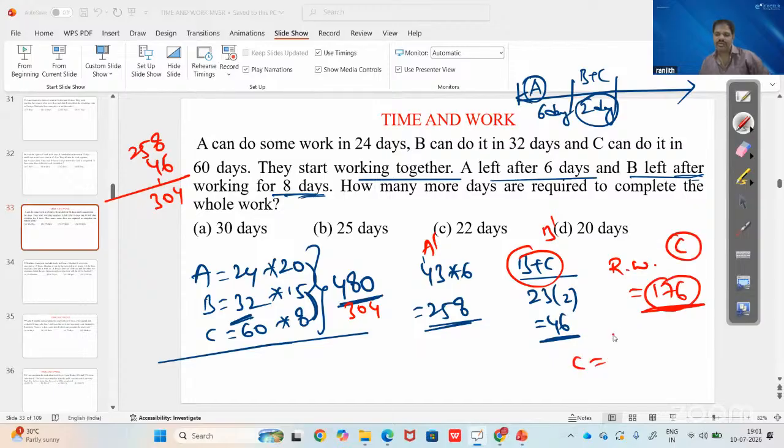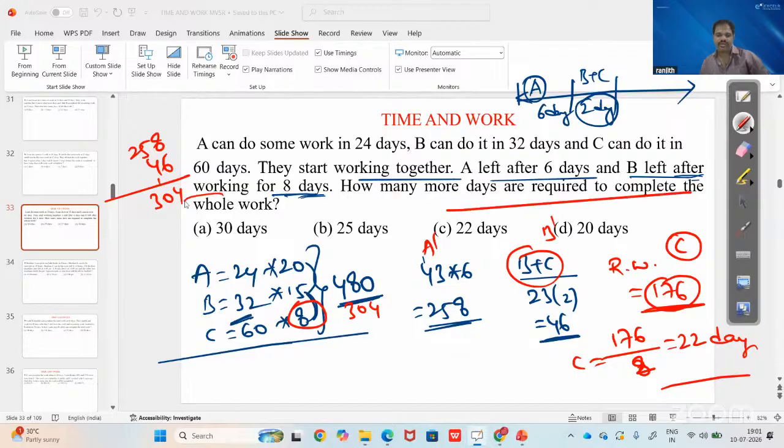So remaining work equal to 176, C alone equal to 8 units per day. 176 divided by 8 is equal to how many days in the sense? 22 days. So how many more days required to complete the remaining work will be equal to 22 days.